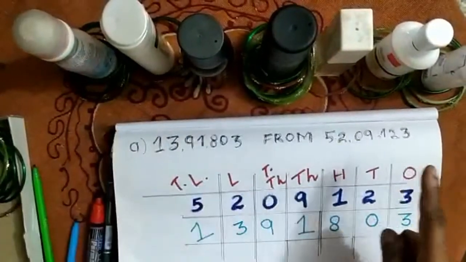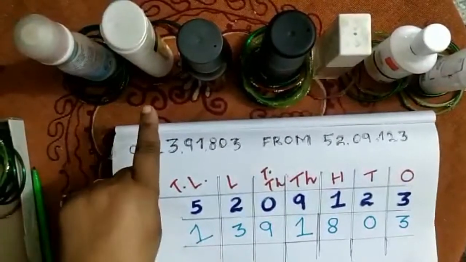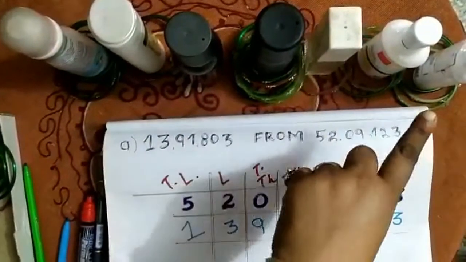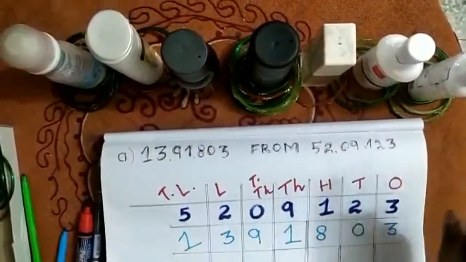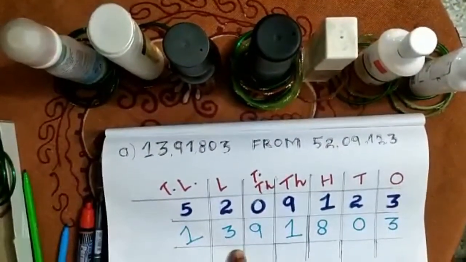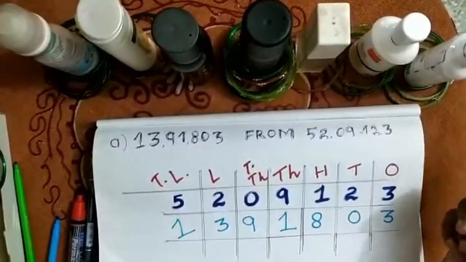So the number represented here is the minuend, which is 52,09,123. From this 52,09,123, I will take away 13,91,803. How? Now let's start.